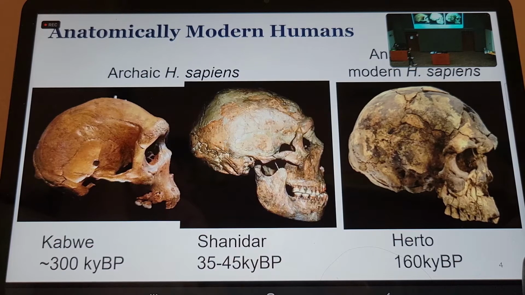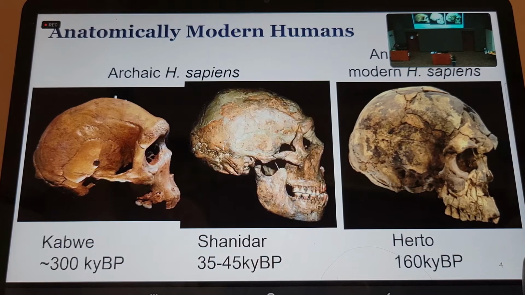The lower vault, right, it's taller and more rounded than Homo erectus, but not nearly as tall and rounded as we see in Herto on the far right, our anatomically modern human from 160,000 years ago. And in the middle, we have a classic Neanderthal, Shanidar, which is from Shanidar Cave in Iraq.